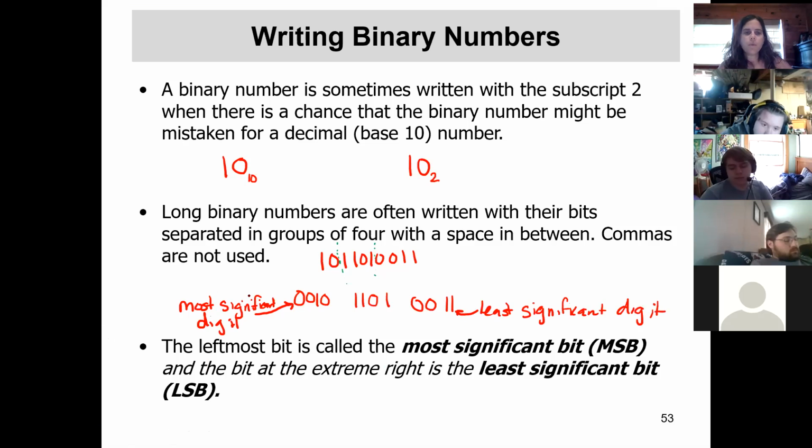Now, this 0 is just there as the placeholder. So I'm just describing that on the left is where you're going to find your most significant digit, and it probably will be this 1 in this space.